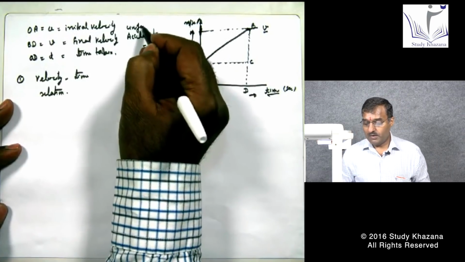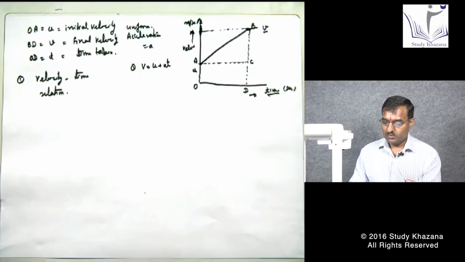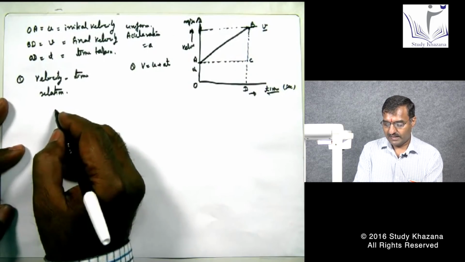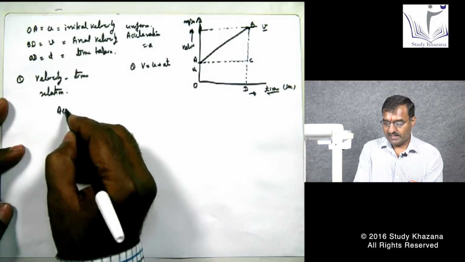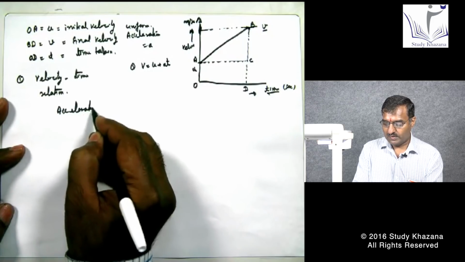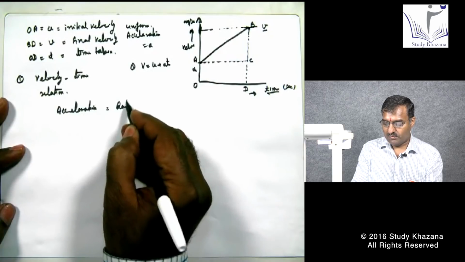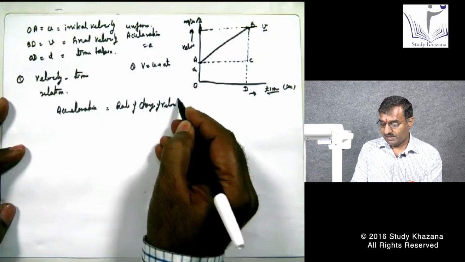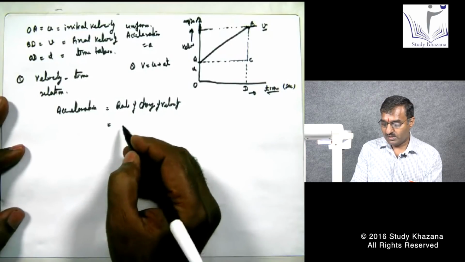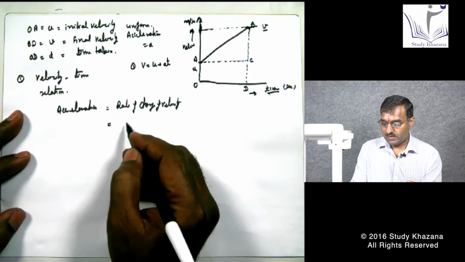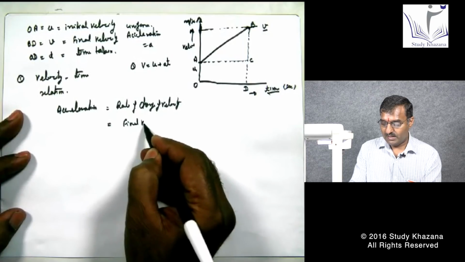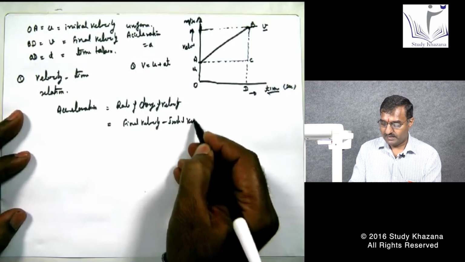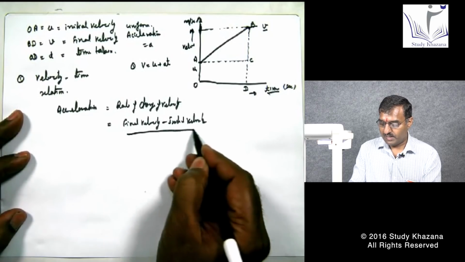Now how can we approach this? As we know, how do we define acceleration? Acceleration is nothing but the rate of change of velocity, or I can write, final velocity minus initial velocity divided by time taken.